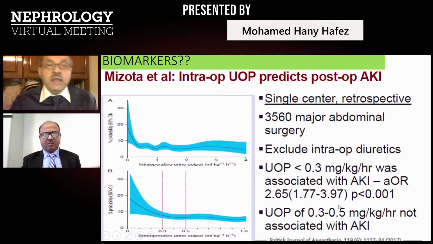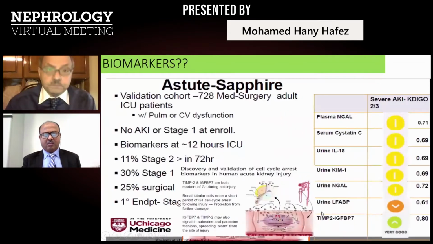In this ASTUTE and SAPPHIRE study, they tried to compare different biomarkers, the plasma and the urine KIM-1, and they found that the most accurate, actually, was TIMP2 IGFBP7. These are both markers of the G1 cell cycle arrest phase of cell injury. So when the cells are injured, they release these as a spreading alarm telling us that acute kidney injury is coming. And therefore, let's remember again this number 0.3.